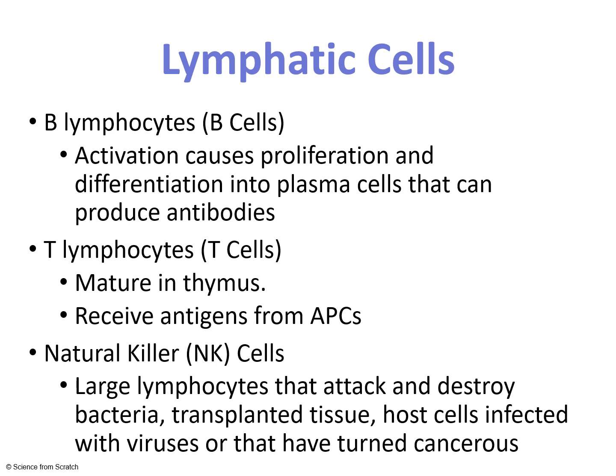And then the T lymphocytes, those are going to mature in the thymus, and they will receive an antigen from an antigen-presenting cell. We'll talk more about those in a couple slides.